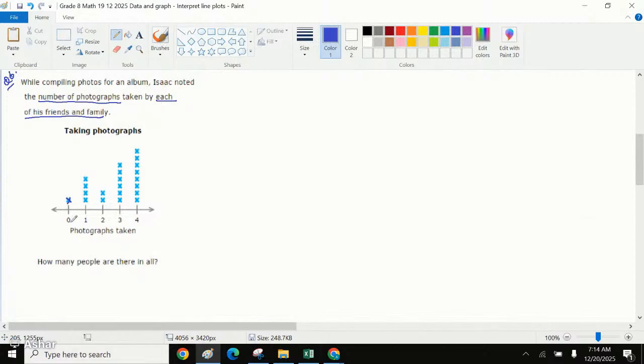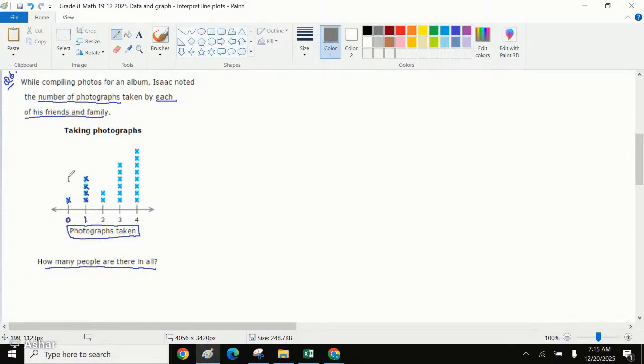There is one person who did not take any pictures. There were 4 people who took one picture. We need to look at which statement is given over here. The question is asking how many people are there in all? They're asking us how many people are there in his friends and family, right? So can we count?